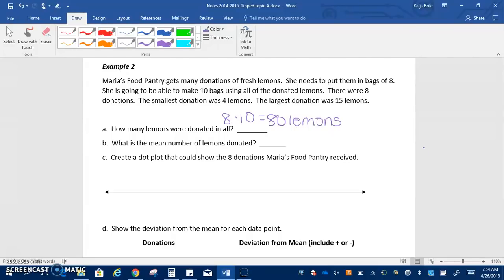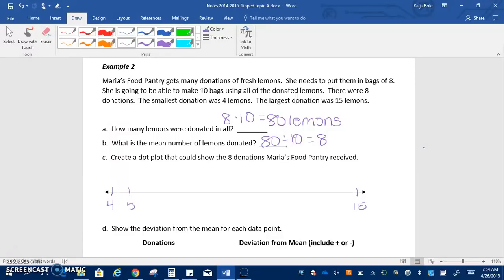Alright, the mean number of lemons donated, so we're going to take that total, and we're going to divide by how many bags she can make, which is 8, so our mean would be 10. So now it says create a dot plot that could show the 8 donations. We only know a few. We know the smallest donation was 4, and the largest donation was 15. So we're going to list all the numbers from 4 to 15.